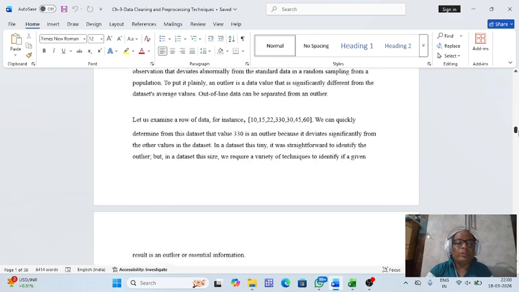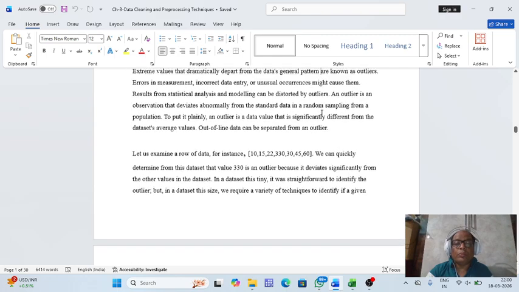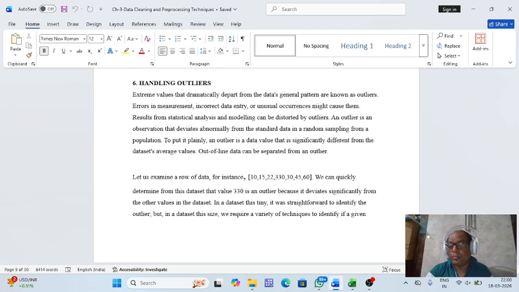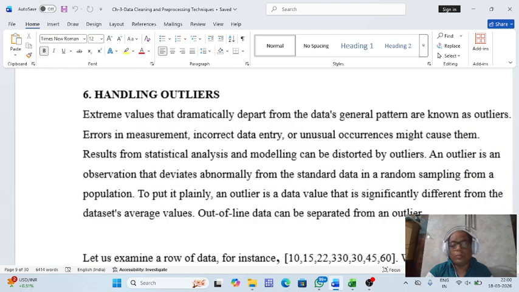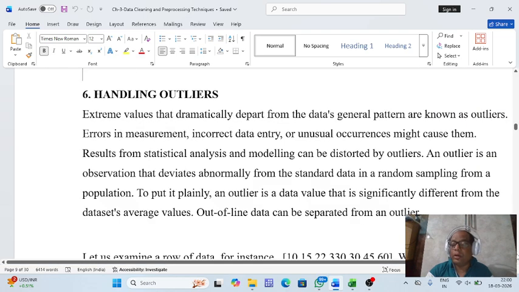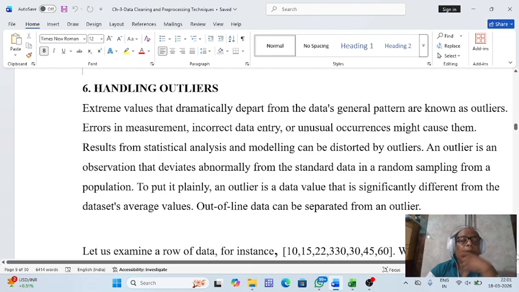So if you'll see this, I'll just try to magnify it. Okay, done. Then you can see that some values in a data series might be extreme, and these are abnormal. If you see the data series, the values are quite high or quite less.